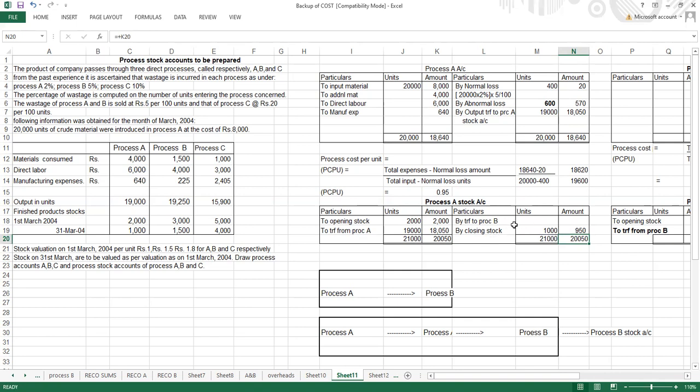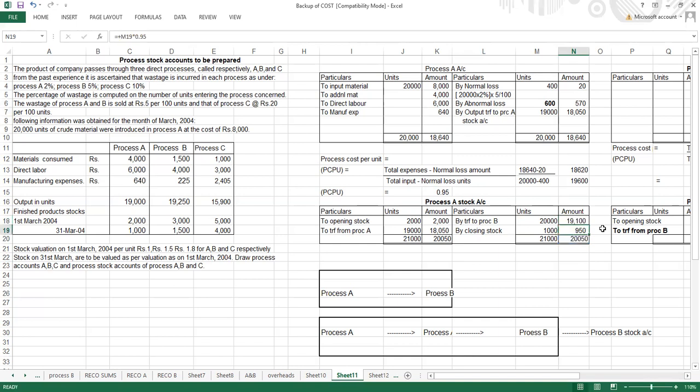Now I can take balancing figure in units as well as amount transferred to process B. Clear, students? So 21,000 minus 1,000 will be 20,000 units transferred. What about amount? 20050 minus 950.